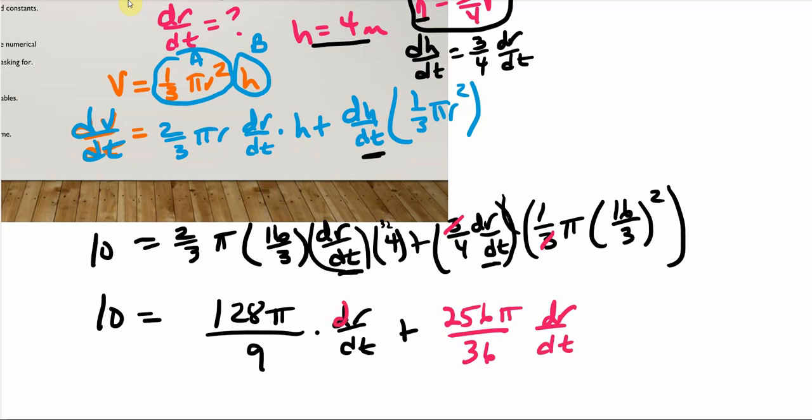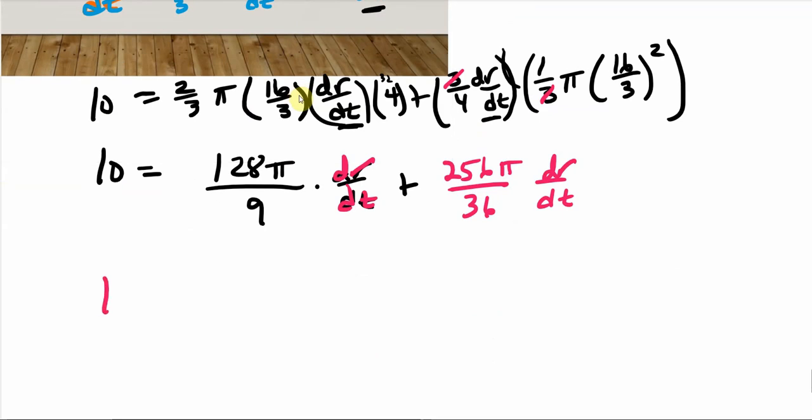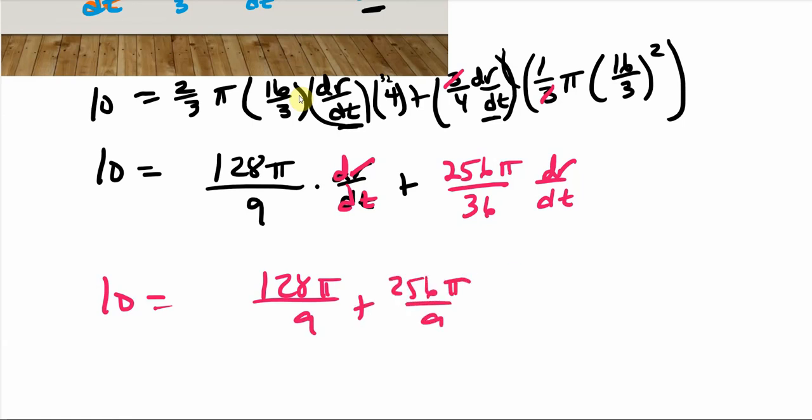Now, I have dr dt right here also. So how do I go from 2 dr dt's to 1 dr dt? Well, I'm going to factor it out. So 10 is going to equal 128 pi over 9 plus 256 pi over 36, and I factored out the dr dt.